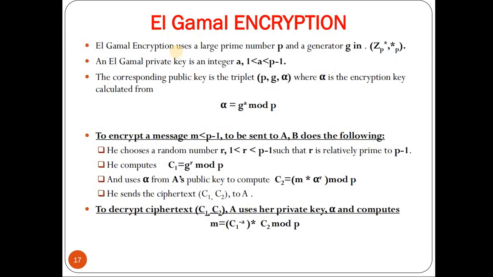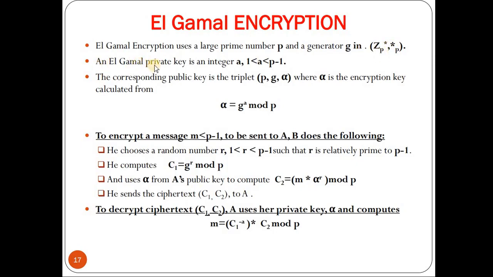Next we'll go through one more application which makes use of the discrete logarithm, that is ElGamal encryption. As the name indicates, the encryption makes use of the public key and the decryption makes use of the private key. So let's see how it works. ElGamal encryption uses a large prime number p and a generator g in Z star p, multiplication modulo p.